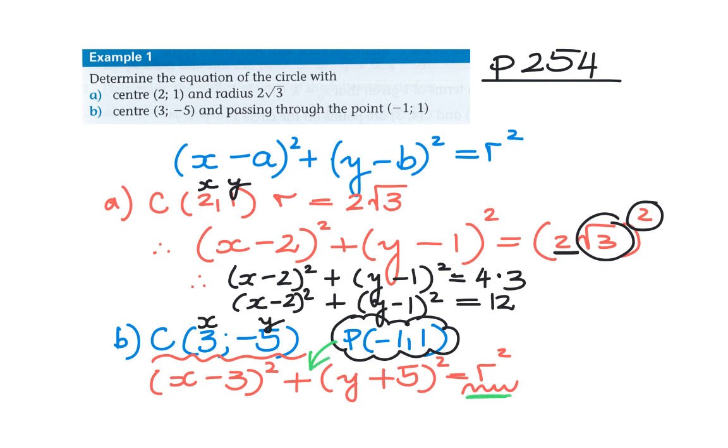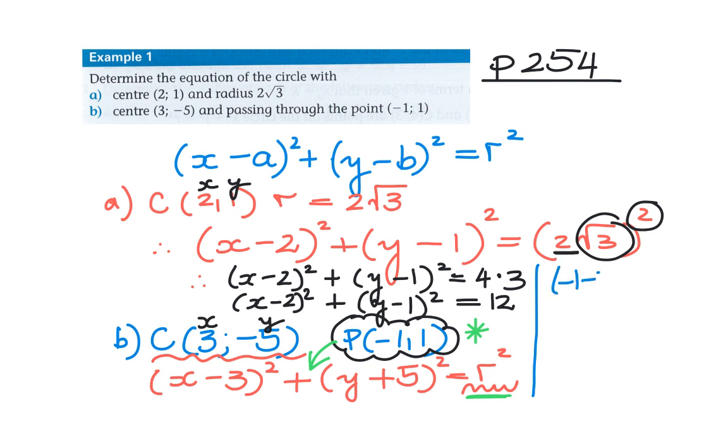So it's your standard approach. How do we find the last unknown in a curve? By substituting the point. So if I substitute the point with coordinates (−1, 1), I get the following. So I will have (−1 − 3)² + (1 + 5)² as my r². So let's simplify.